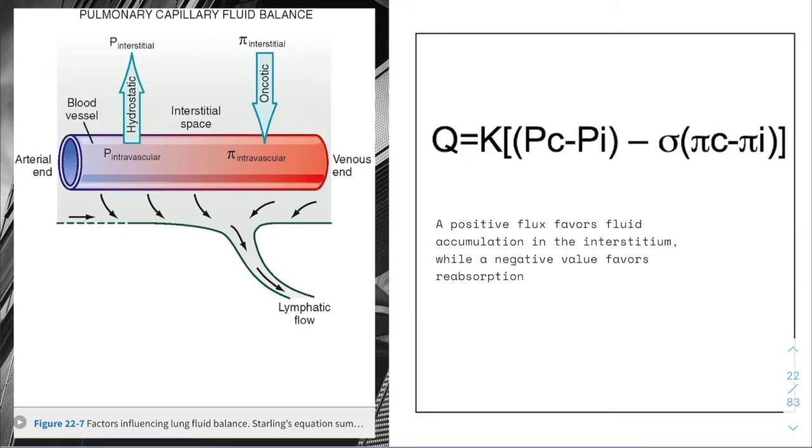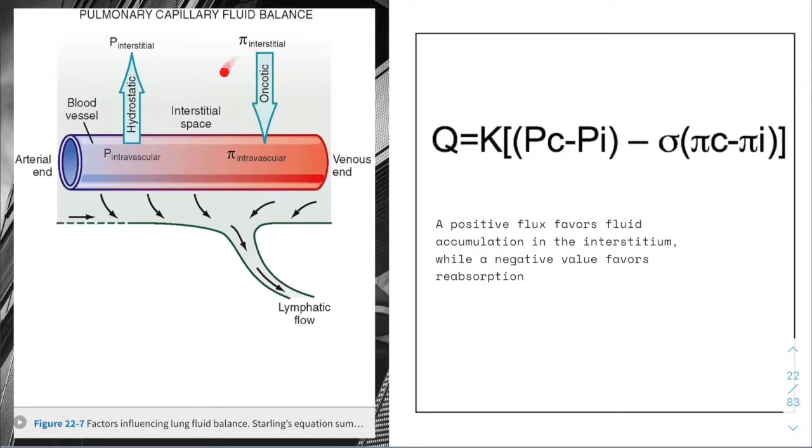When you talk about capillary hydrostatic pressure, water goes out of your capillaries. When you talk about interstitial hydrostatic pressure, water moves from the interstitium to the capillaries.